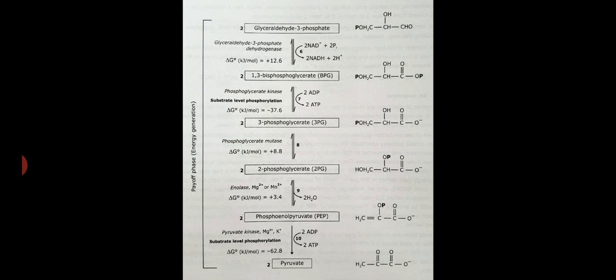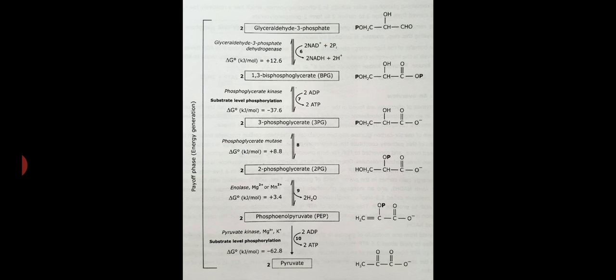In the last step of glycolysis, the high energy phosphate group that was produced in the ninth step is transferred to an ADP molecule to form ATP.